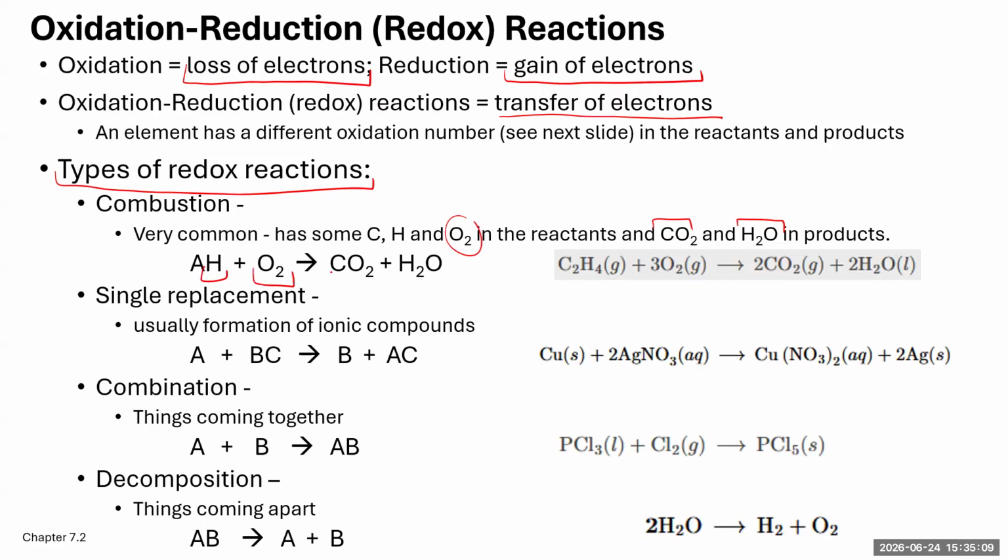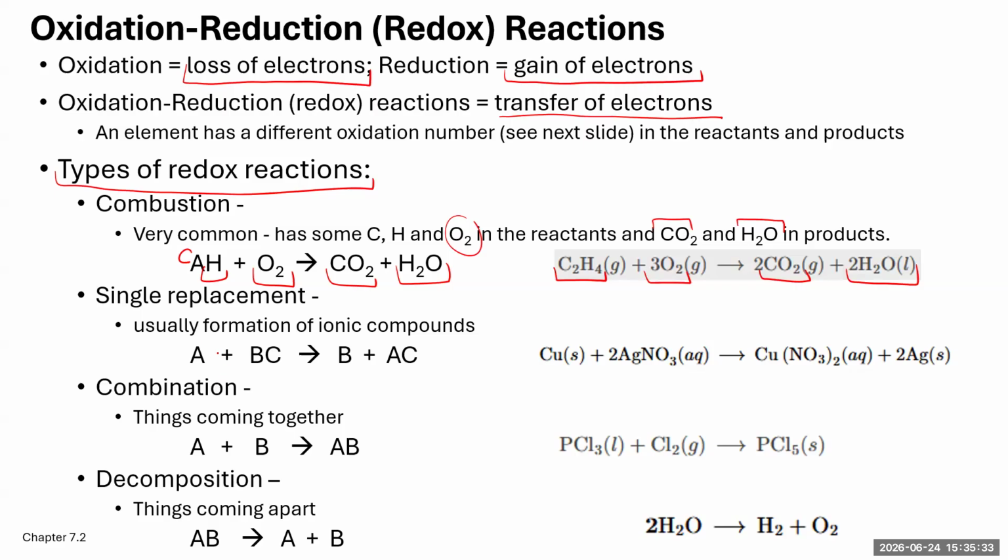Hydrogen, O2, CO2, H2O, and this could be carbon or something else. Here we have the carbon and hydrogen, O2, CO2, H2O. If you see a combination of something like that, that's going to be a combustion reaction, which is a redox reaction.